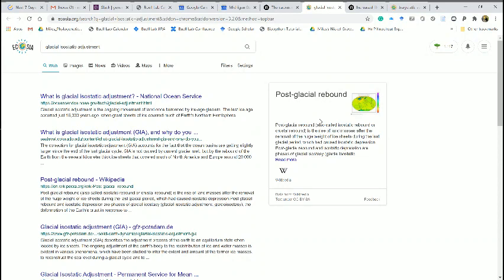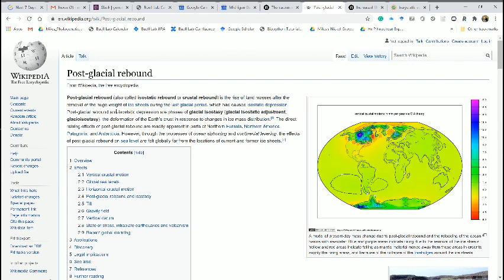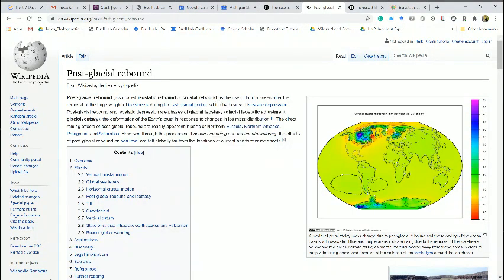Post-glacial rebound: rise of land masses after the removal of the huge weight of ice sheets during the last glacial period. Ooh, that's interesting.